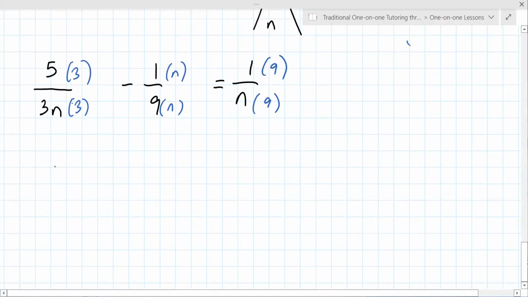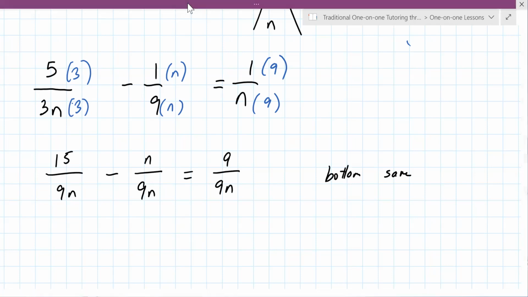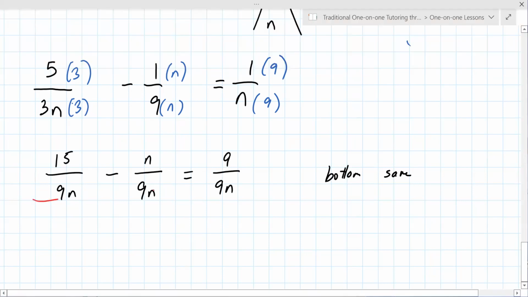Let's just go with that for now. So the top is 5 times 3, which is 15, over 9n, minus n over 9n, equals 9 over 9n. Is it clear how I went from that top line to this bottom line, multiplying each? Now, do you see how the bottoms are all the same? When the denominator is the same, you can essentially ignore them and just focus on the top.